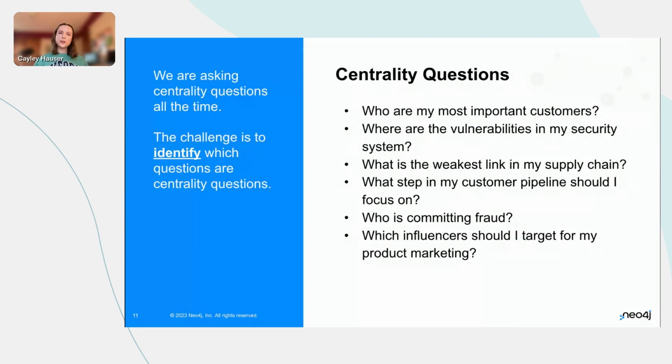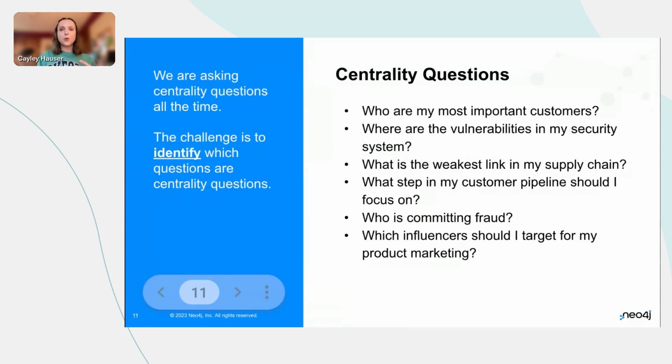Another one: which influencers should I target for my product marketing? This is very specific, but influencers in a network, whether that be a literal social media influencer or another kind of influential person, this is very important. These are all questions that we're constantly answering.